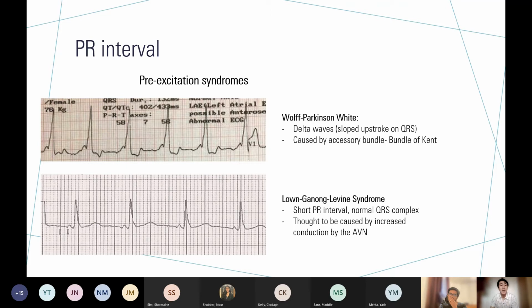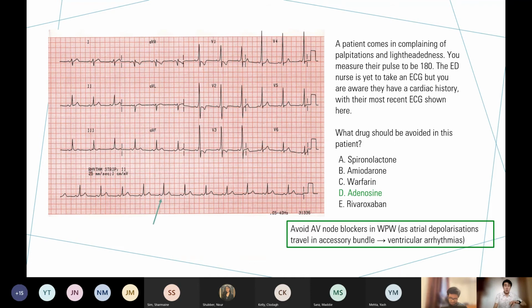Speaks the truth. But yes, so the extra point with Wolff-Parkinson-White is that you can imagine you've got this accessory bundle. When we are talking about medications, we really don't want to block the AV node, because that just means all of the electrical impulse doesn't go down the AV node in the normal way. It just goes down this accessory pathway instead.